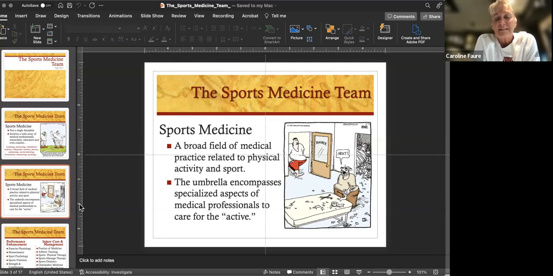So sports medicine is a philosophy of medicine. And when you see or work with sports medicine physicians, as I do, we really see this philosophy shine. Sports medicine physicians are people that are used to dealing with highly motivated athletes. So the mindset is a little bit different.